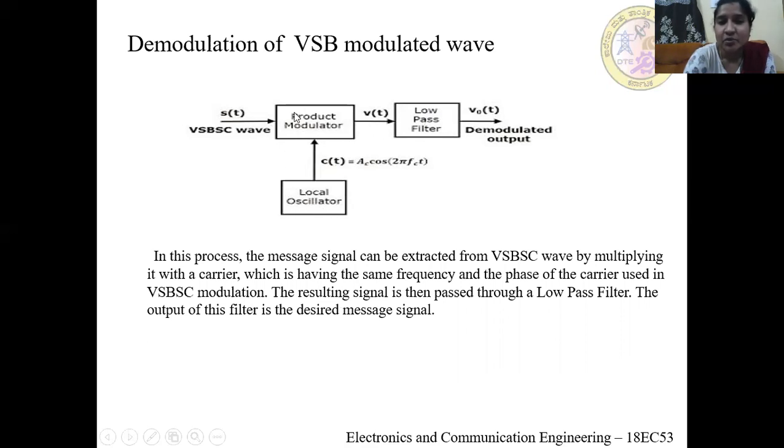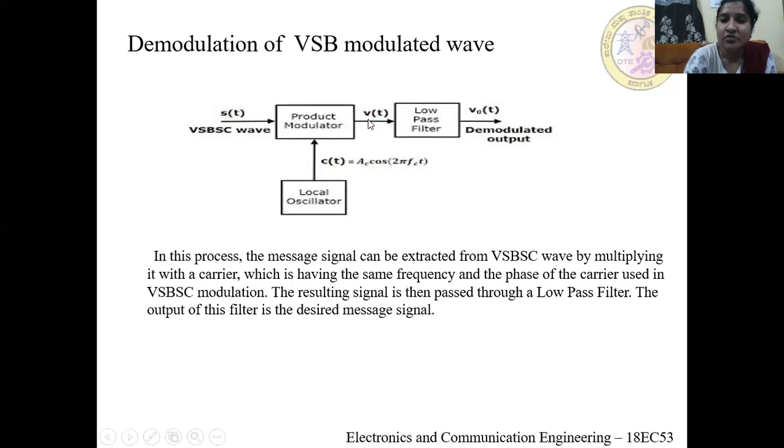The inputs for the product modulator are s(t), that is the VSB-SC wave, and c(t), that is Ac cos 2 pi fc t. This product modulator multiplies s(t) with c(t) and gives the output v(t), where v(t) is equal to s(t) into c(t).